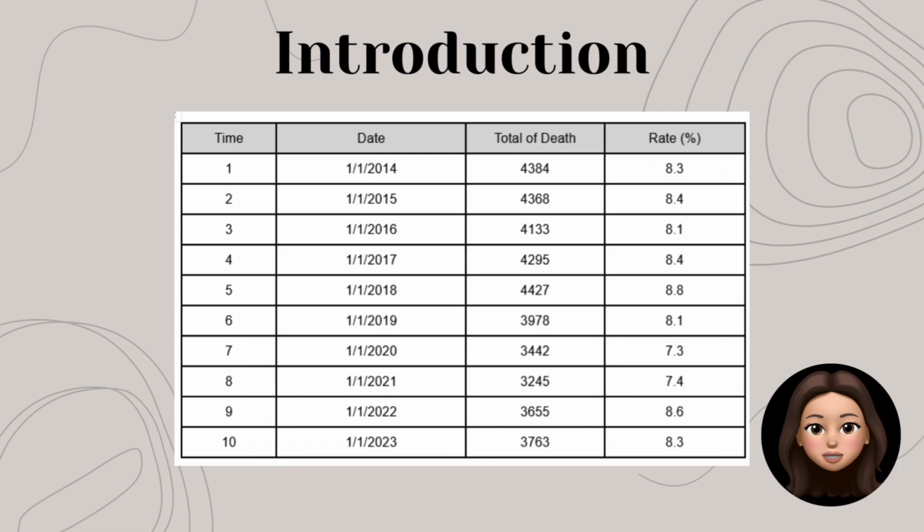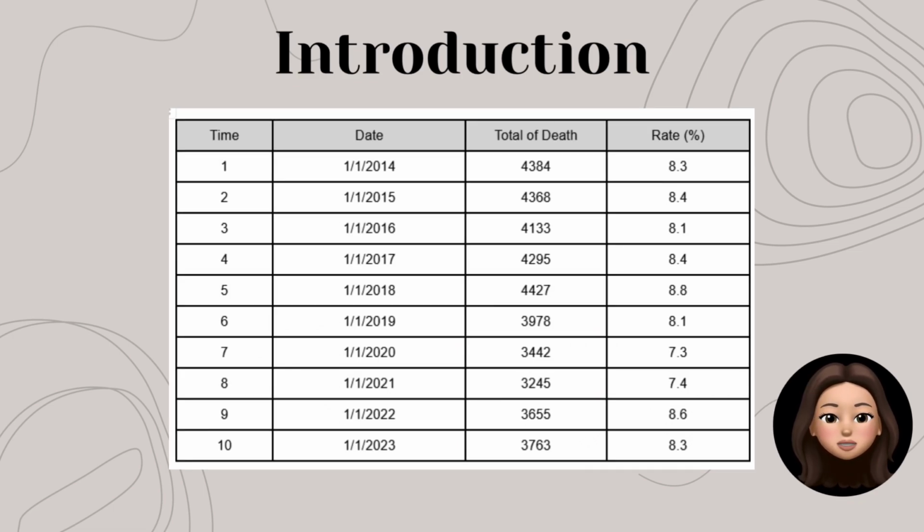Our project centers on analyzing annual early childhood death over the period from 2014 to 2023, utilizing a dataset sourced from the Department of Statistics Malaysia. The dataset provides the total number of early childhood deaths recorded each year.